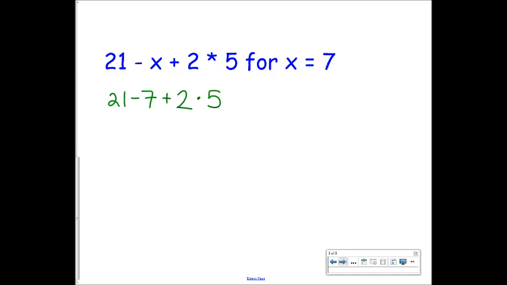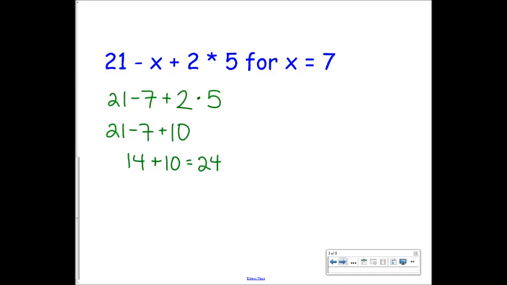The multiplication. So I'm going to keep my 21 minus 7 here, plus what's 2 times 5? Now all I have left is what? Addition and subtraction. So I just go left to right. What's 21 minus 7? 14, plus 10, 24. And there's your answer.